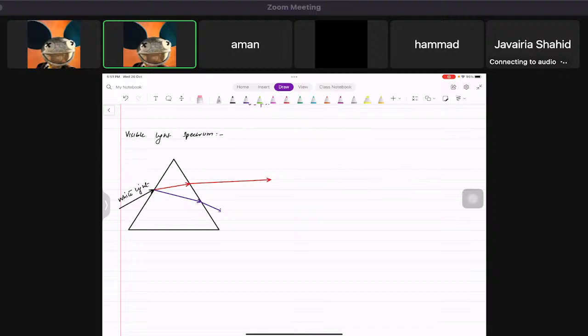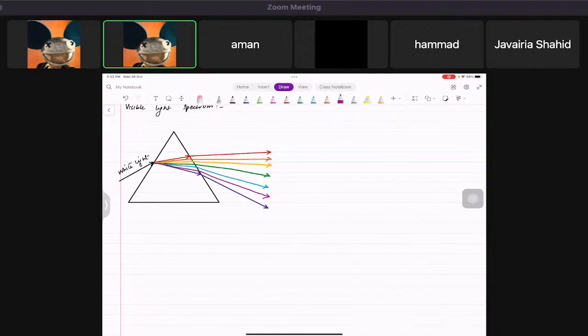After red, it releases orange, then yellow, and it actually starts dispersing the light from the point where it enters. Then green, and then blue, and also indigo, like that.